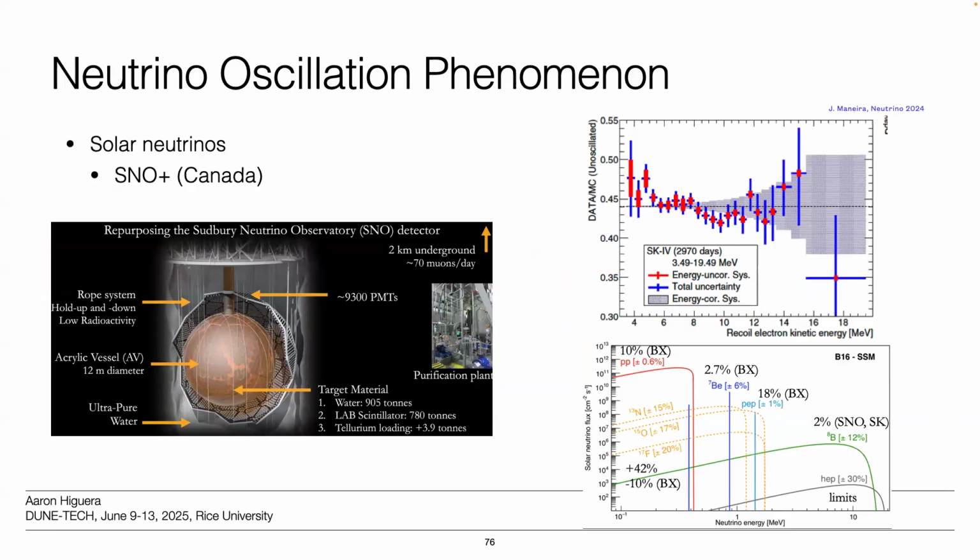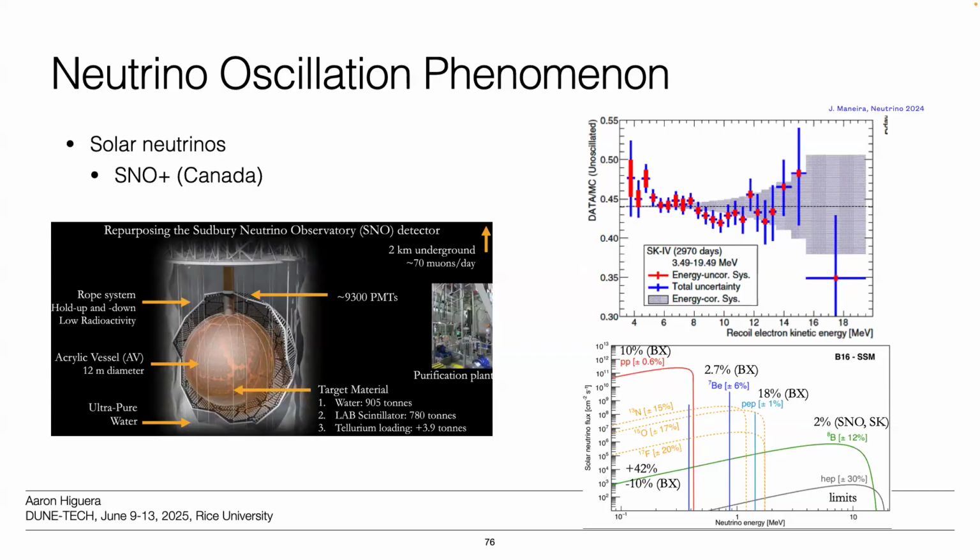The solar neutrinos, remember, in the 1960s, people were saying, okay, we should see neutrinos from the sun. We just have to count them. But they said, okay, we haven't seen as many as we expect. And like 60 years later, we not only can see them and count them precisely, we are able to count the neutrinos as a function of the energy.